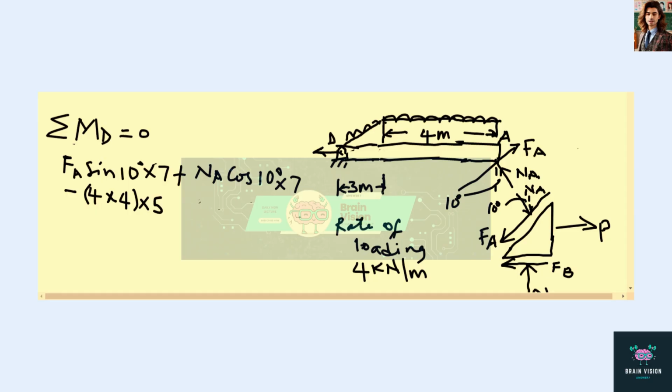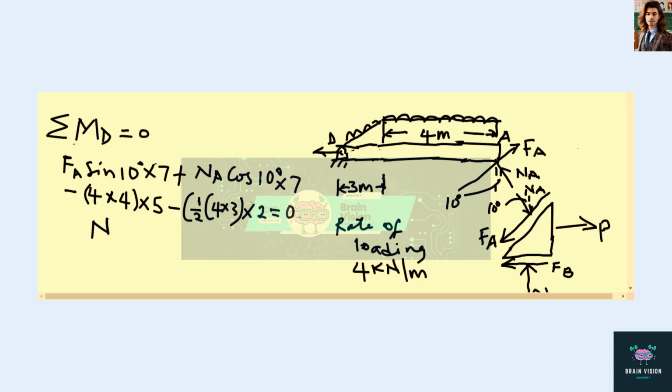While for the other part to the left is going to give us half, 4 times 3, of course we take the third down to D from here, where the 4 meter ends. So we just multiply by 2, so equal to 0. When you solve this, you're going to have your Na.